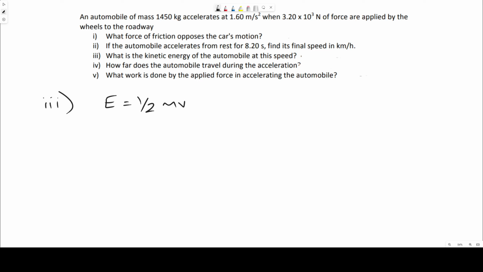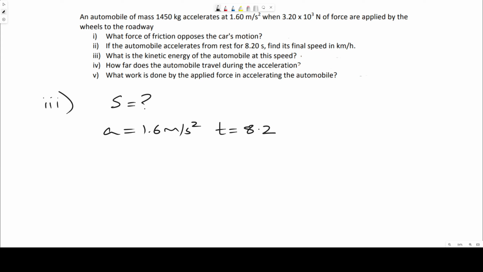Then we move on to how far the automobile travels during this acceleration. To find the distance, we have to use another equation of motion. We need to find s, or the distance, delta d. My acceleration is 1.6 meters per second square, and my time was given to be 8.2.